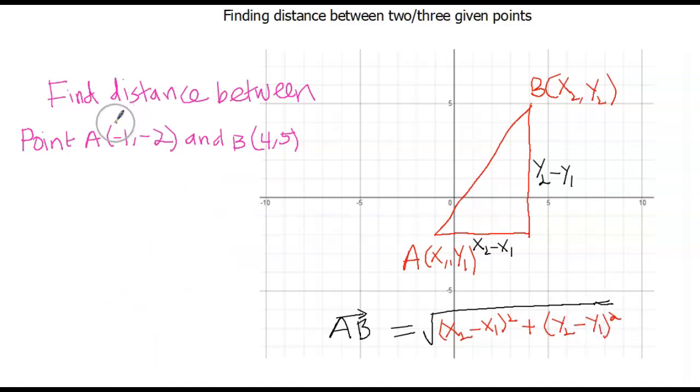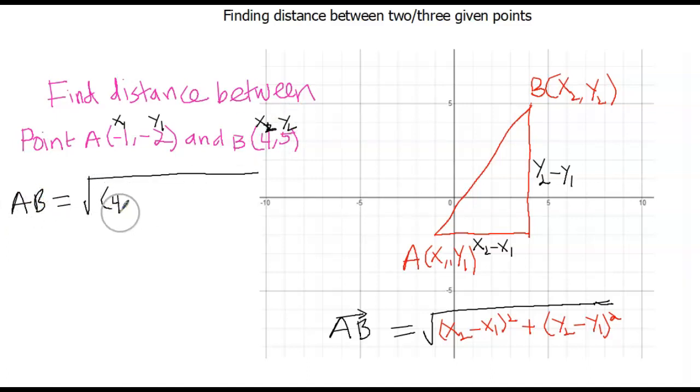Here, this one is x1, this is y1, this is x2, and this is y2. We're looking for x2, which is 4, minus, and then another minus 1, all squared, plus 5, which is y2, minus negative 2, all squared.